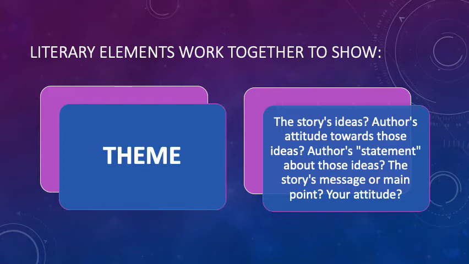And Dylan Thomas is fight death. Very different ideas when you get down to the specifics of their attitude towards death. So that's what we want to look at, the author's statement about the ideas, the story's message, main point. And then how do you feel when you read the story? What are you getting out of it? Because that's giving you some clue as to the theme.